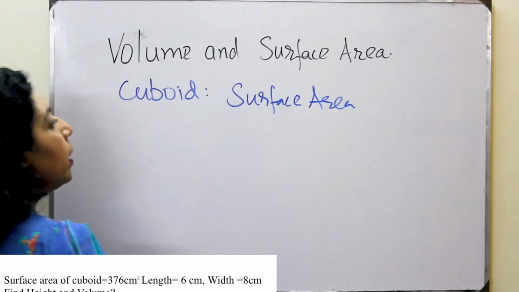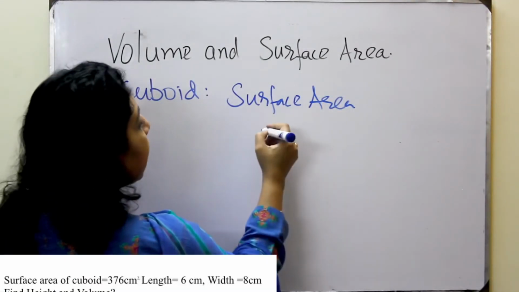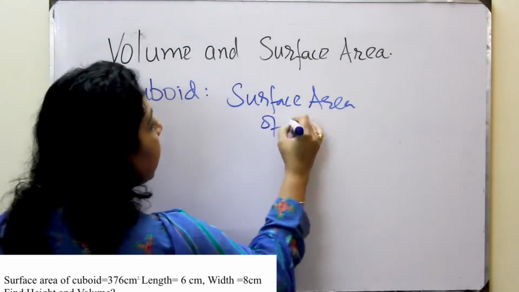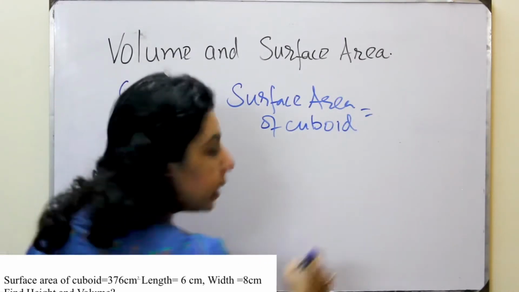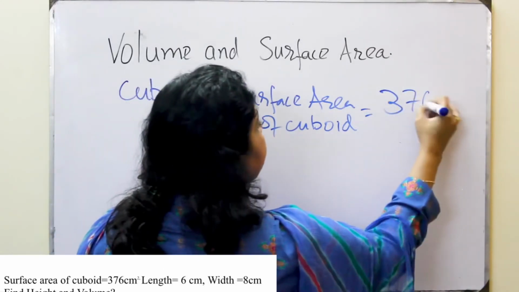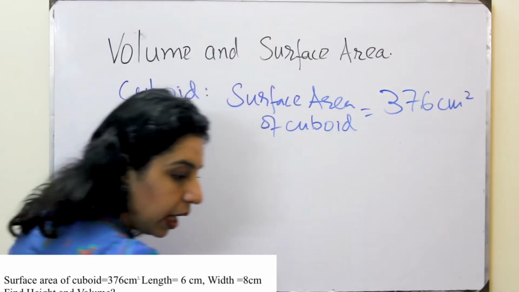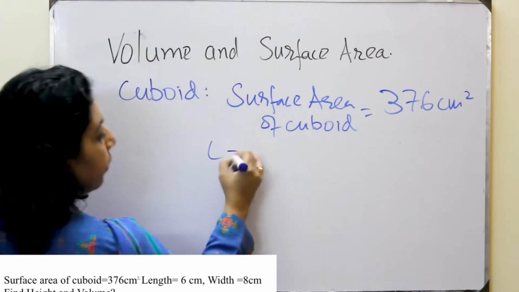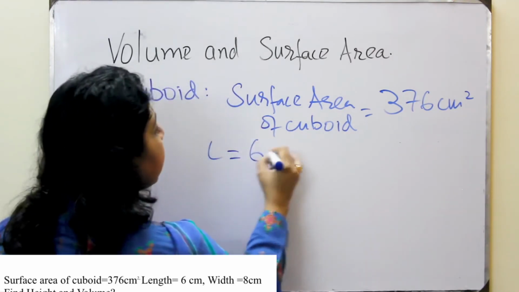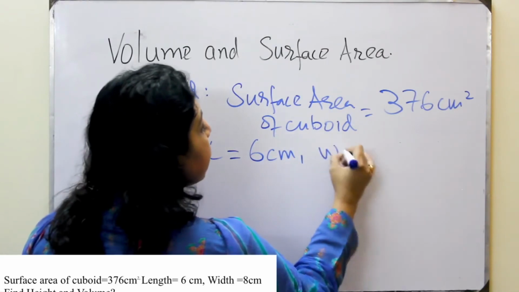The last question related to cuboid is: I have the surface area of the cuboid equal to 376 centimeter square. I have the length and width given. Length is 6 centimeter and width is 8 centimeter.